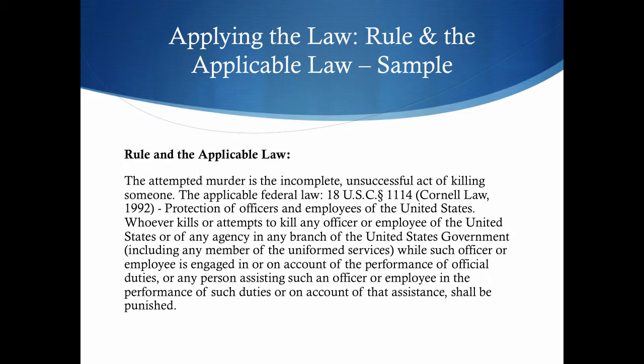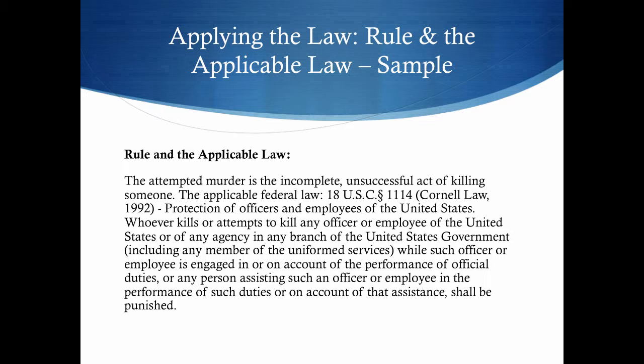Once again, here is an example of that. The attempted murder is the incomplete, unsuccessful act of killing someone. The applicable federal law, 18 U.S. Code section 1114, source for that was Cornell Law. Protection of officers and employees of the United States.